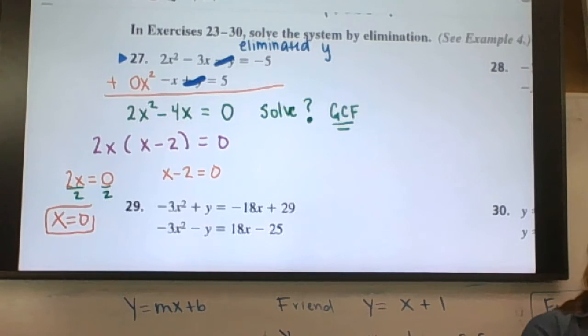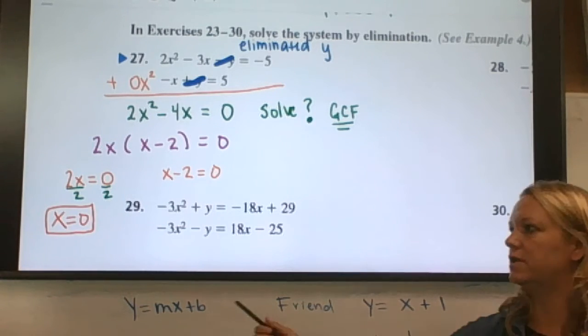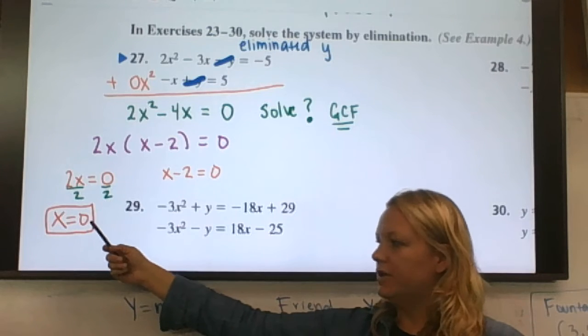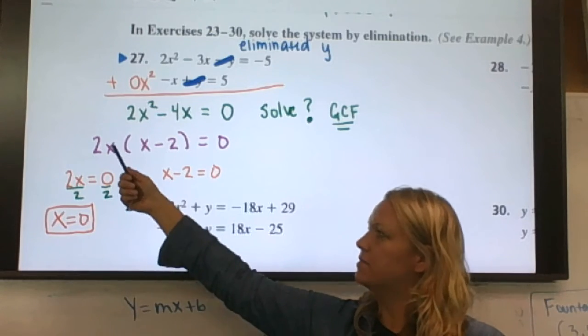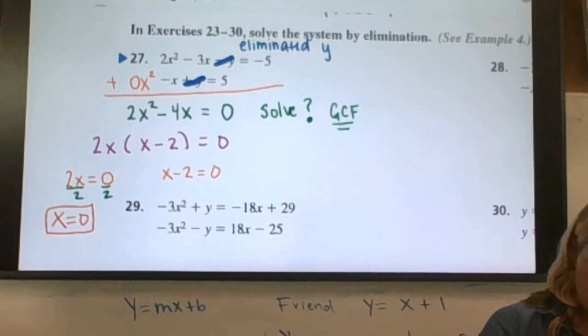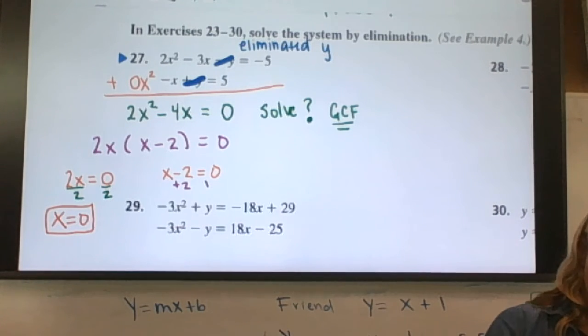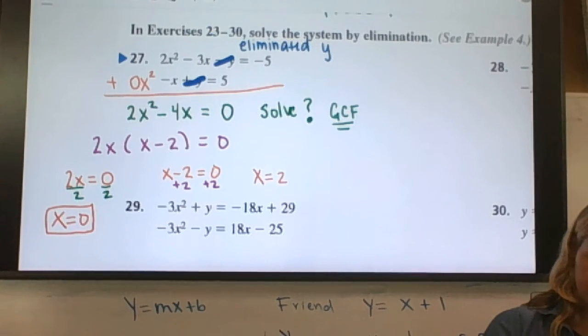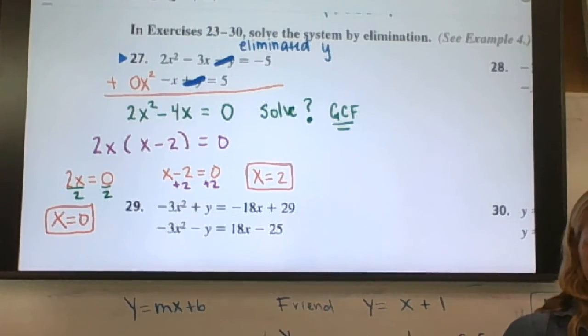I know on the quiz there was a good handful of students that didn't acknowledge the 0 as one of the answers, but with the greatest common factor, 0 is typically an answer. And then I'll add 2 over here. And my other solution is 2. Don't stop. Go ahead and find y now.